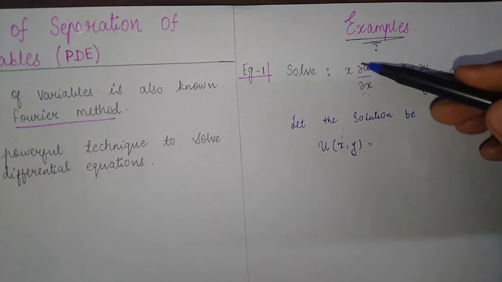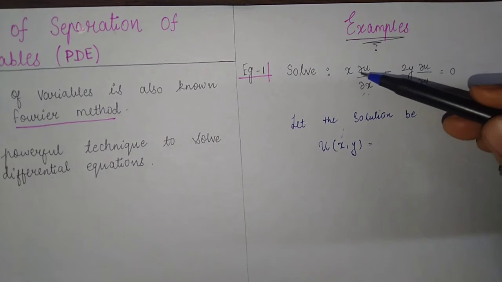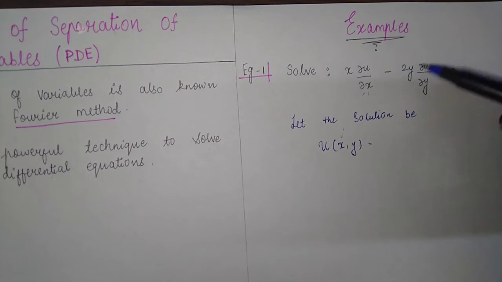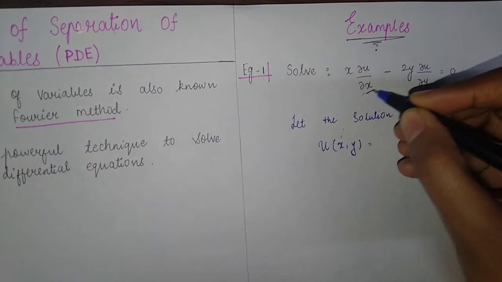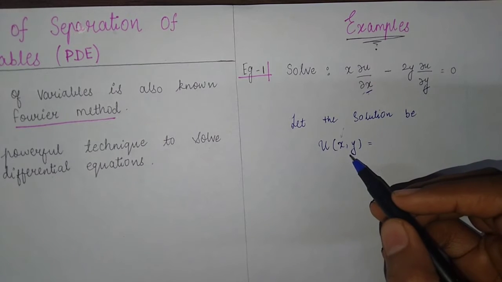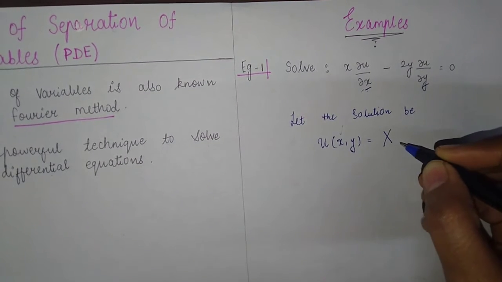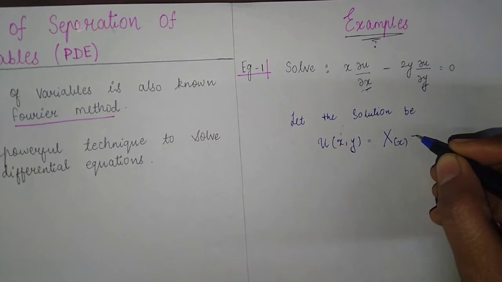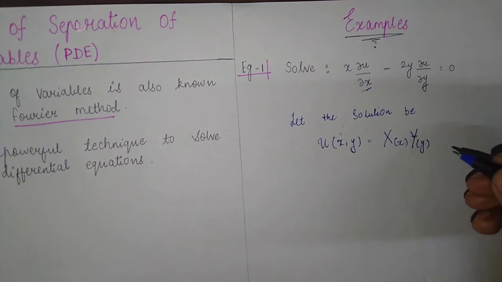With respect to whichever variable the partial differentiation is done, you have to write that here. If it is del u by del x, then you write x. If it was del u by del t, what would come instead of y? t would come. As here we have x and y terms, we write u(x, y) equal to capital X, which is with respect to x, and capital Y, which is with respect to y.